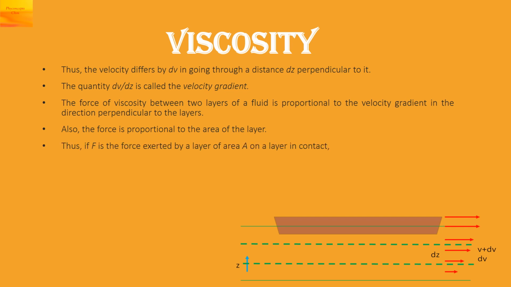If F is the force exerted by a layer of area A on a layer in contact, then as mentioned above, F will be proportional to A and F is also proportional to the velocity gradient dV by dz. So we can write F is equal to minus eta into A into dV by dz.